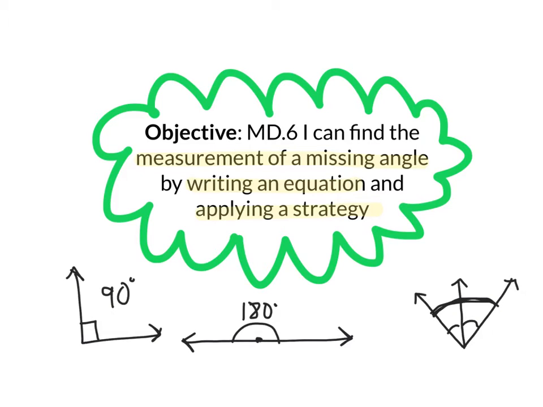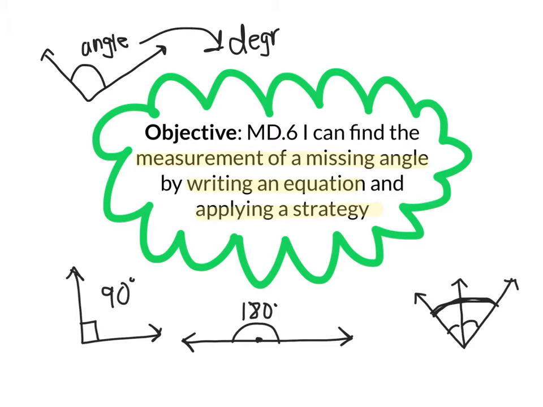We talked about how the area between where two lines meet, we call this an angle. And we measure angles in degrees. And our little symbol to show degrees is this little circle.